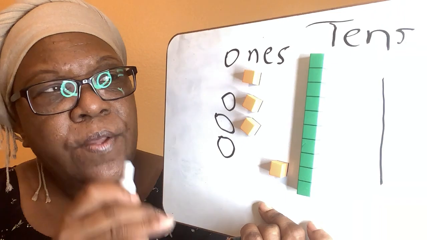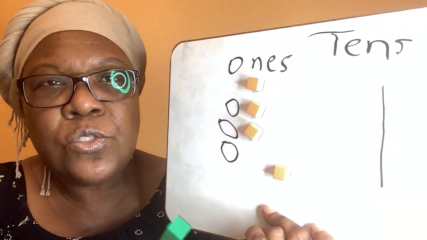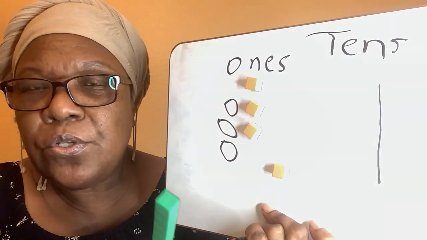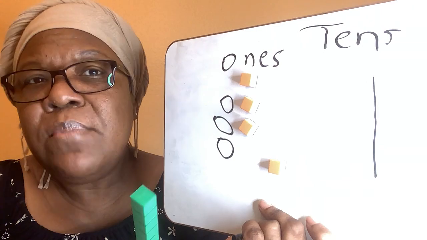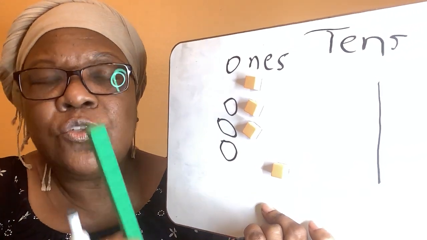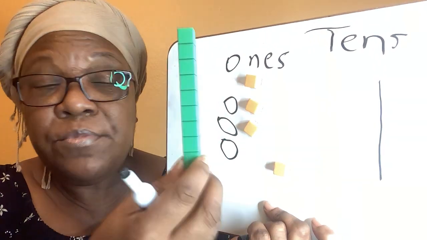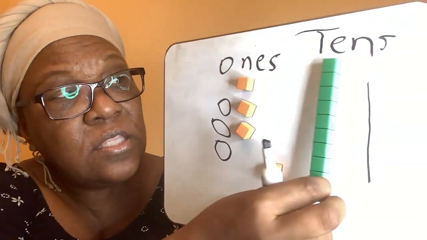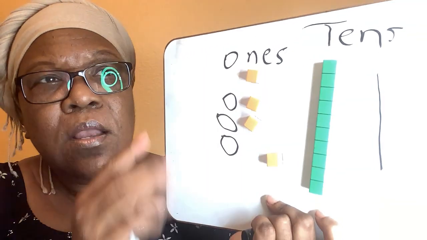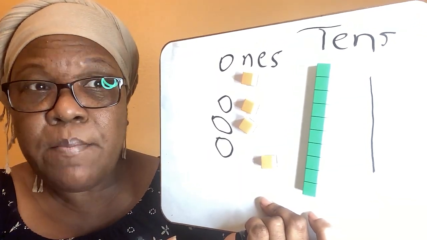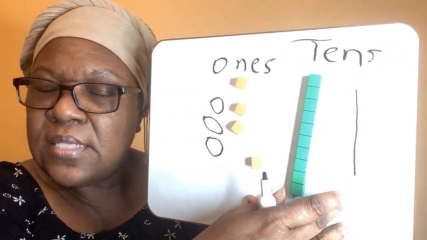I know you're not going to have this tool, unless you purchase it from the dollar store or Amazon. So I want to show you this is what we use in the classroom to help the children count. This is tens and these are ones. But on the math paper that's coming home, you're going to see lines like this which represent tens.